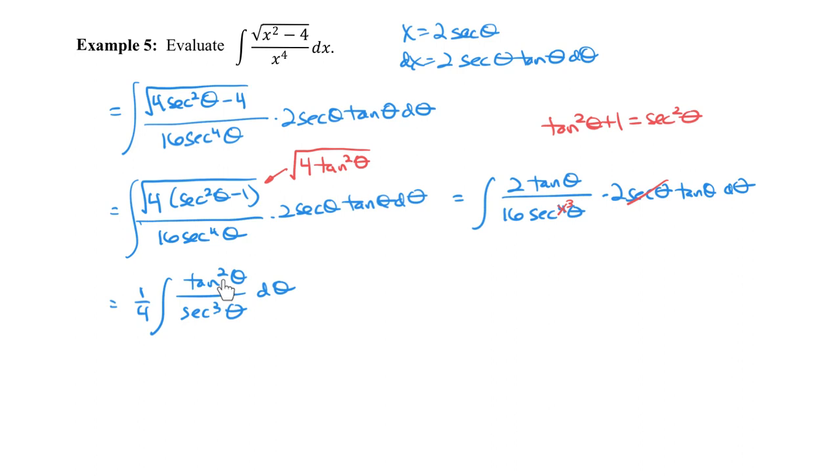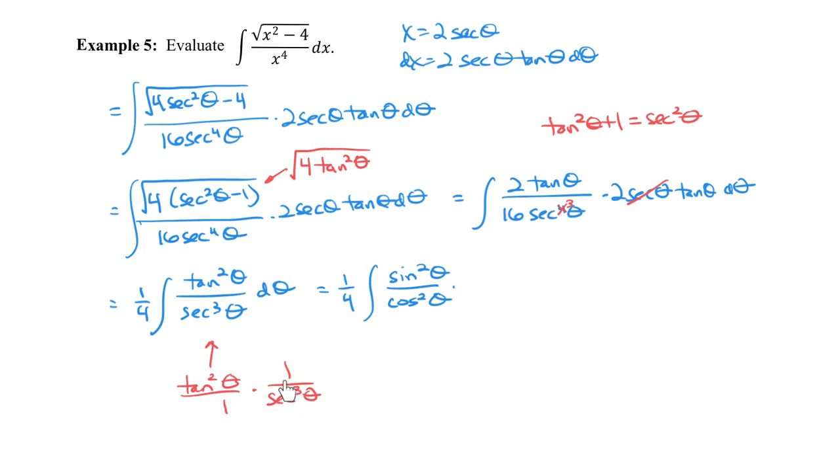So tangent squared is really sine squared over cosine squared. I'm going to write it like this: 1/4 times tangent squared, which is sine squared theta over cosine squared theta. Just to make sure we're clear, I could think of this as tangent squared theta over 1 times 1 over secant cubed theta, because when you multiply fractions straight across, you get tangent squared over secant cubed.